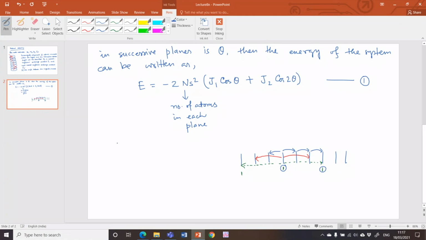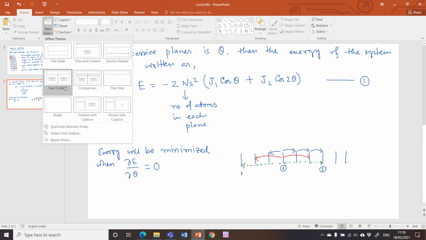So now if this is the energy, this energy will be minimized when del E del theta will be equal to 0, right?